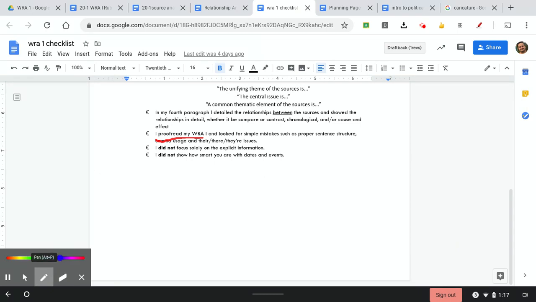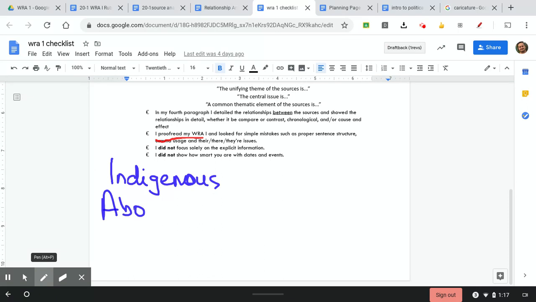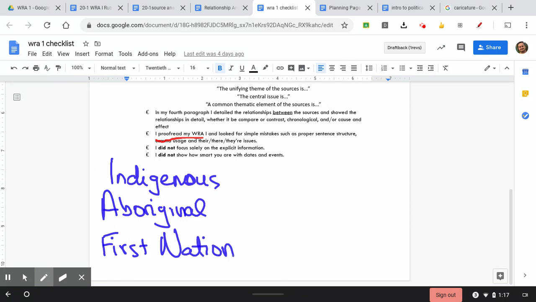If you write the term Indigenous, it needs a capital I. Aboriginal needs a capital A. First Nations, capital F, capital N. These are significant and important.